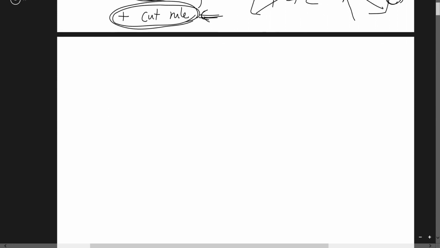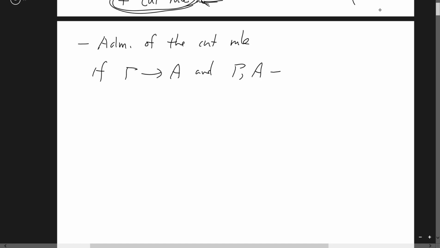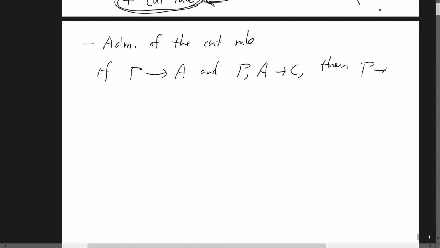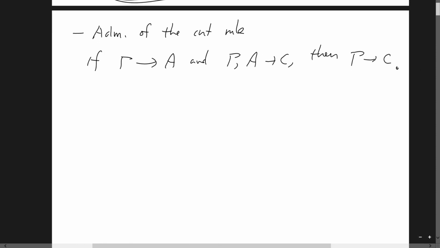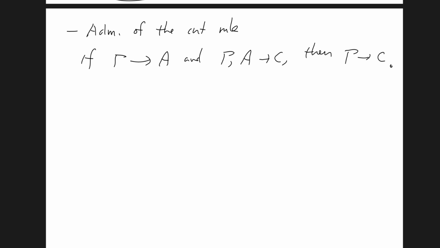So let me write the admissibility of cut rule again. It says if gamma leads to A and gamma, A leads to C, then we can get rid of this A: gamma right arrow C. Let's look at what this statement means.